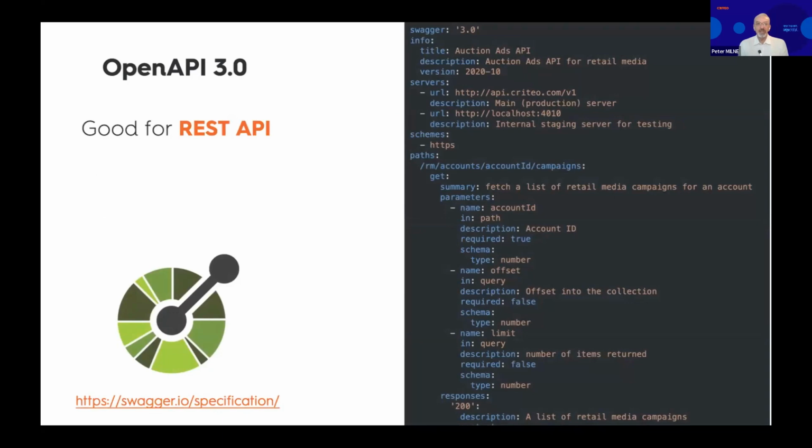In the world of REST APIs, we have the OpenAPI specification. If you look at the graphic on the right, you'll see a specification of the interface to a particular suite of APIs. This is a contract. You'll notice that there's no code here. This is the contract between the caller of the API and the implementer of the API.